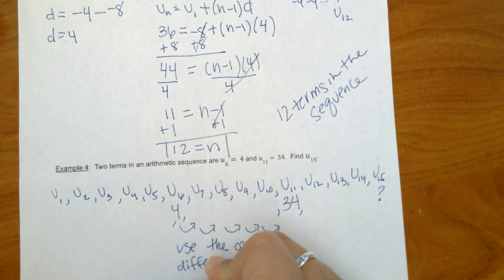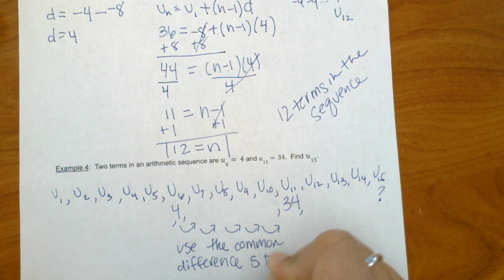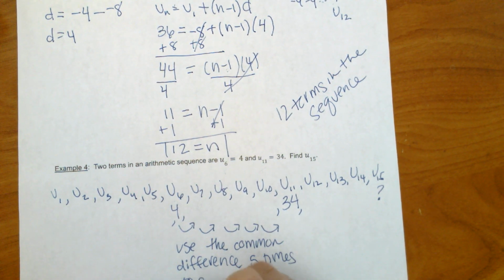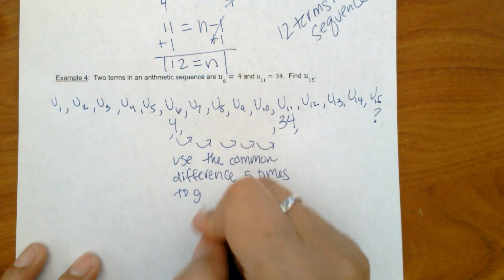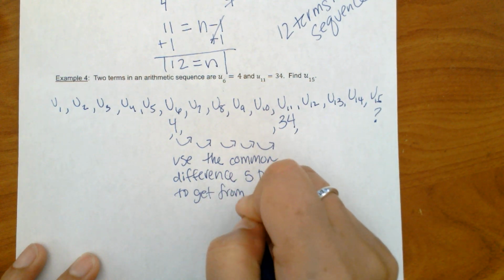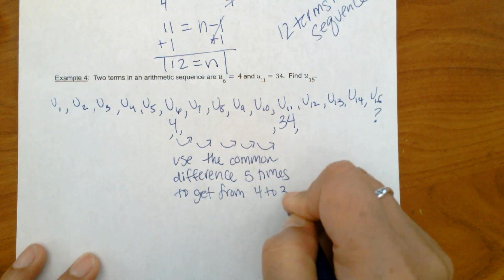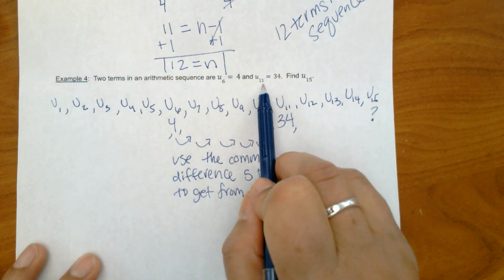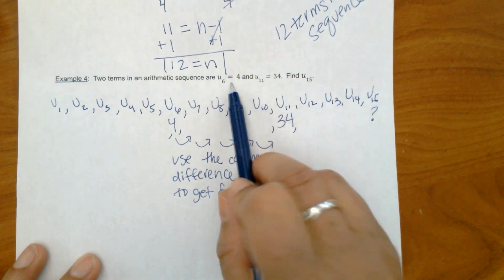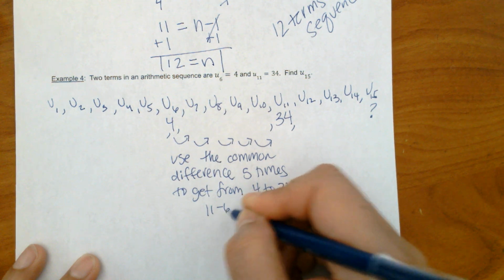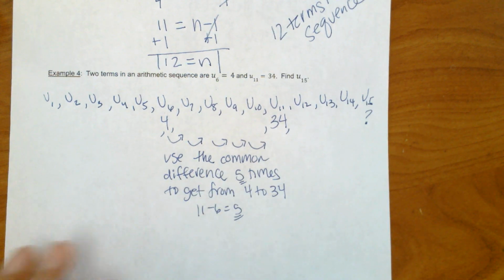Now, you could have just subtracted 11 minus 6. You do not have to write all this out, but I wanted to show you where I'm getting the 5 from.